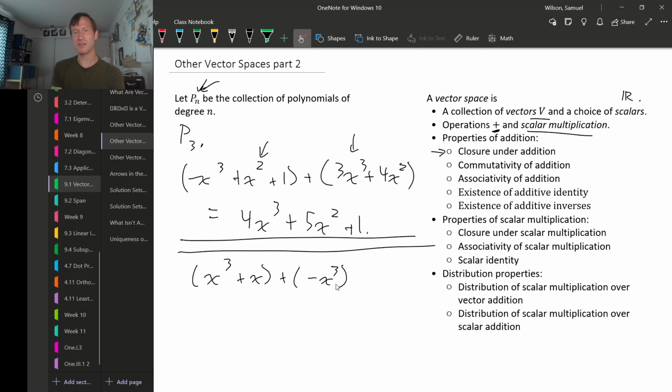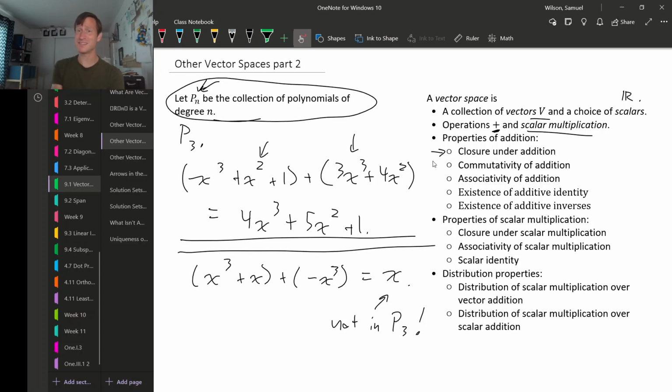These are both polynomials of degree 3, but when we add them together, we don't get a polynomial of degree 3. Instead, we get a polynomial of degree 1. So this is actually not a vector space. It's not closed under addition. Okay, that's kind of disappointing. But how could we fix this?